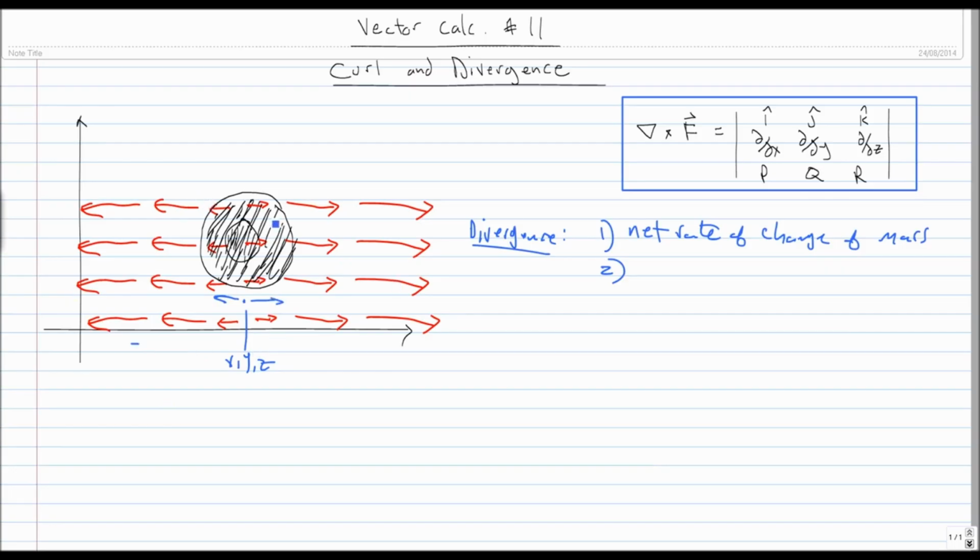Let's say this is a three-dimensional vector field. So divergence also measures the tendency of a fluid to diverge from a single point.